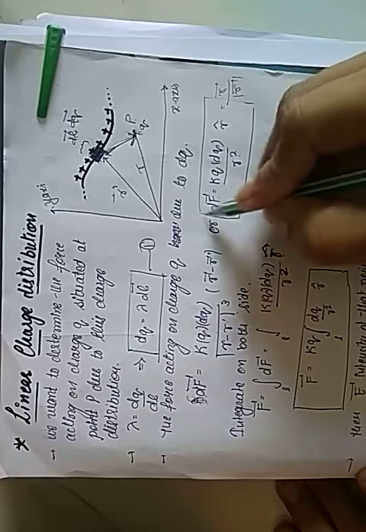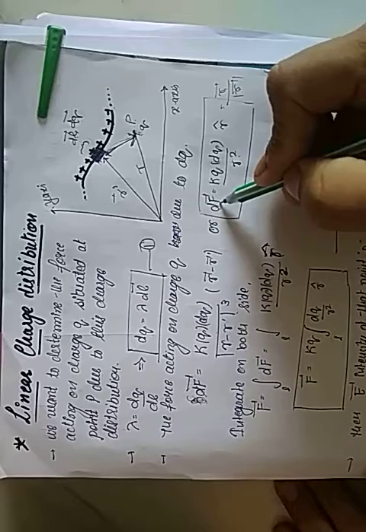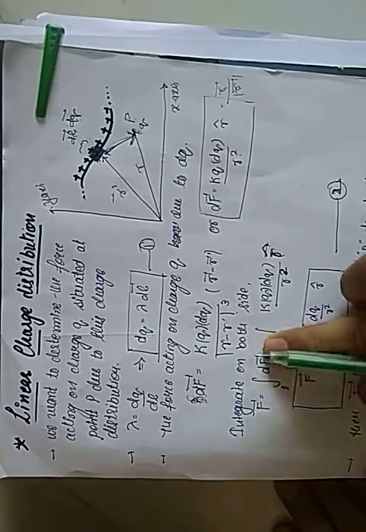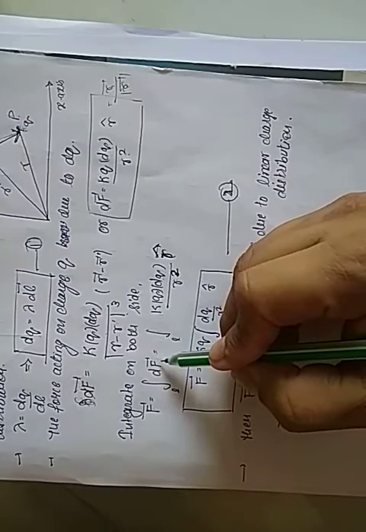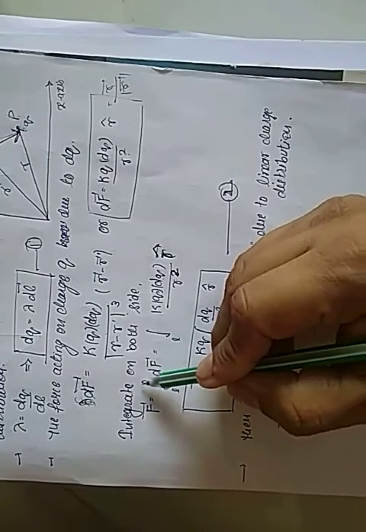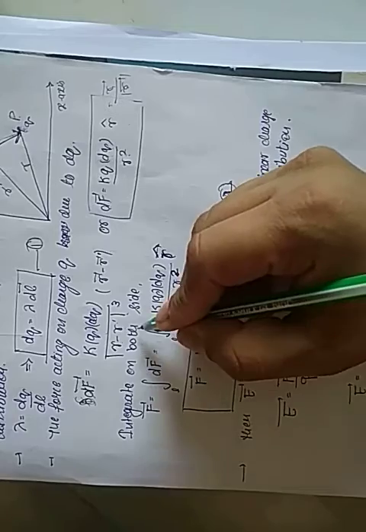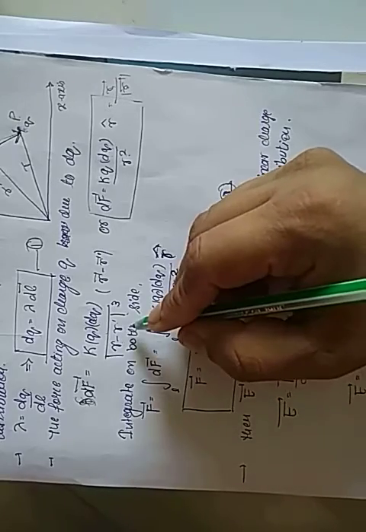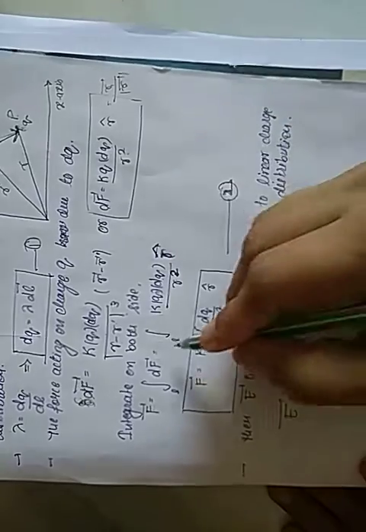Here also integration, here also integration, so differentiation and integration cancel, and we get the total charge. So integration on both sides. What is the length of the wire? The length of the wire is L, as we assumed. So take the lower limit 0 and the upper limit L, but I have not written the value 0 here.